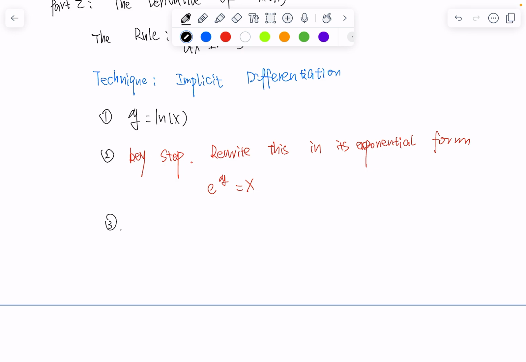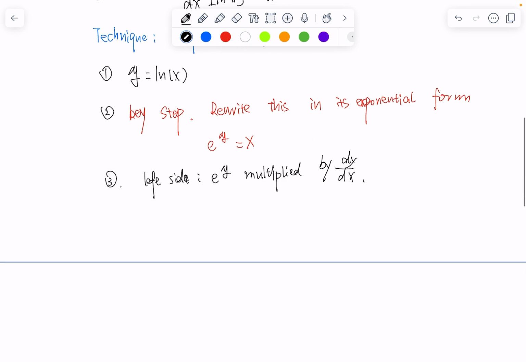The derivative of the left side, e to the y with respect to x, requires the chain rule. So it's e to the y multiplied by dy/dx.